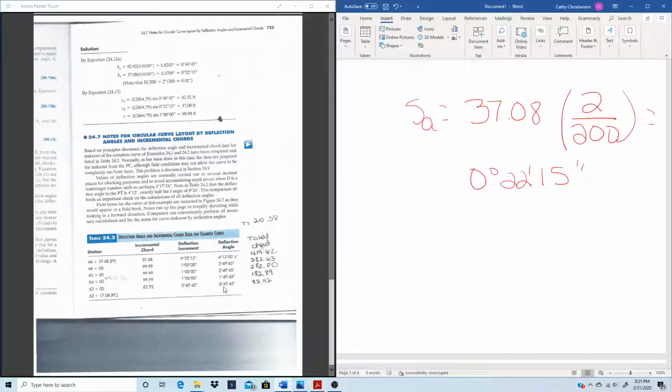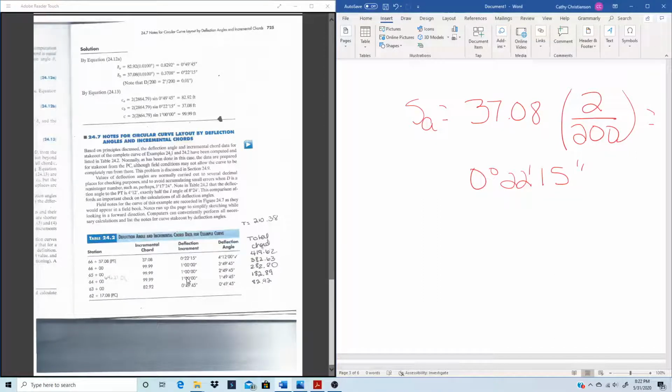When you get to this final deflection angle, it's just adding. So for the first line, that would be 0, and then you're going to carry your deflection increment over. So the very first one would be 0 degrees, 49 minutes, and 45 seconds. Now, to get to the one at 64, you're going to add whatever the deflection increment is.